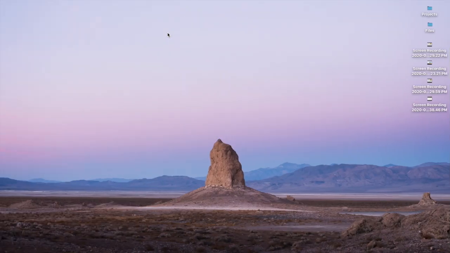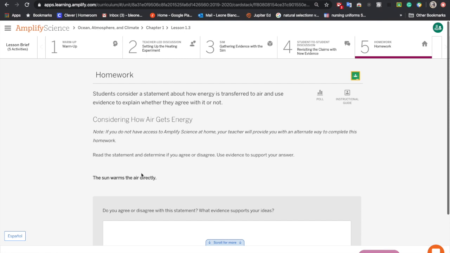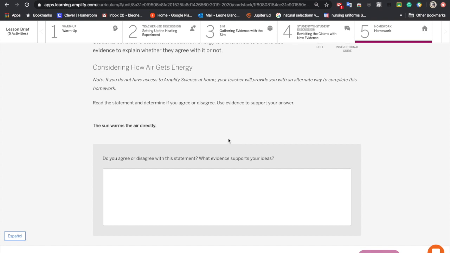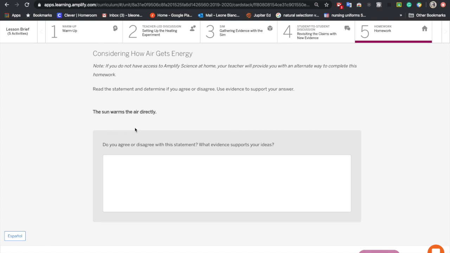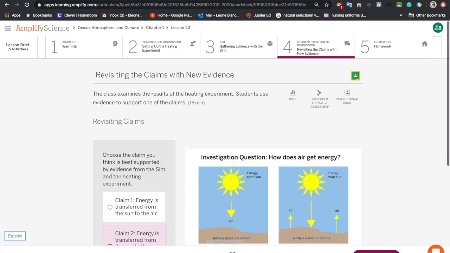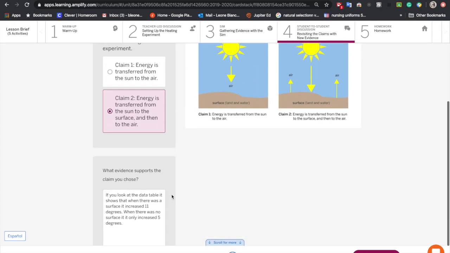And just to complete the lesson, we have the homework question. Read the statement and decide if you agree or disagree. The sun warms the air directly. Now, if we go back to our claims here on 4, we realize that our claim actually says that it doesn't warm the air. It warms the ground first.